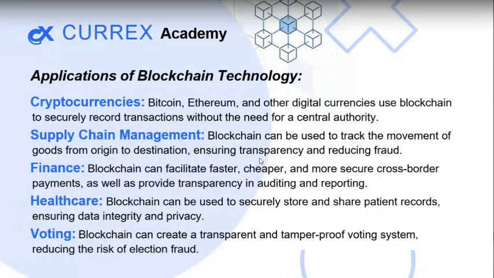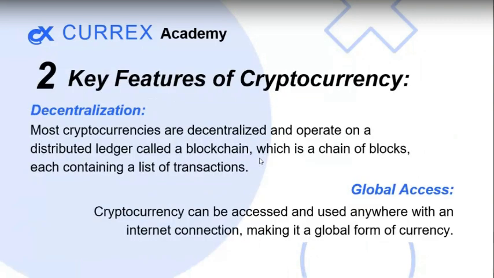Which is why in the crypto space, we call this technology the future technology, the Web3 technology that we are looking out for. We have a lot of features about cryptocurrency, but I only picked out two. The first is being decentralized. We see that most cryptocurrencies are decentralized, meaning you don't have an external factor acting on it, meaning no one can control it except you.